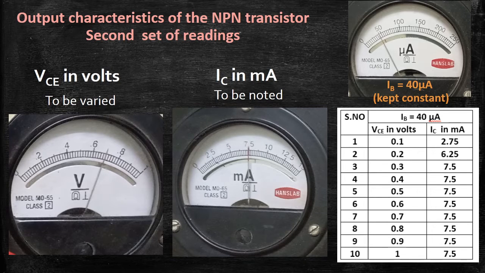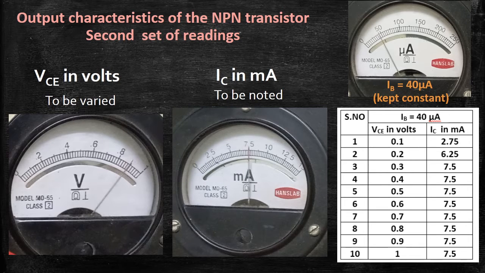Now it is increased from 0.7 to 0.8. Again the value of IC is 7.5. Now the value of VCE is increased from 0.8 to 0.9. Again note down the value of IC, 7.5.